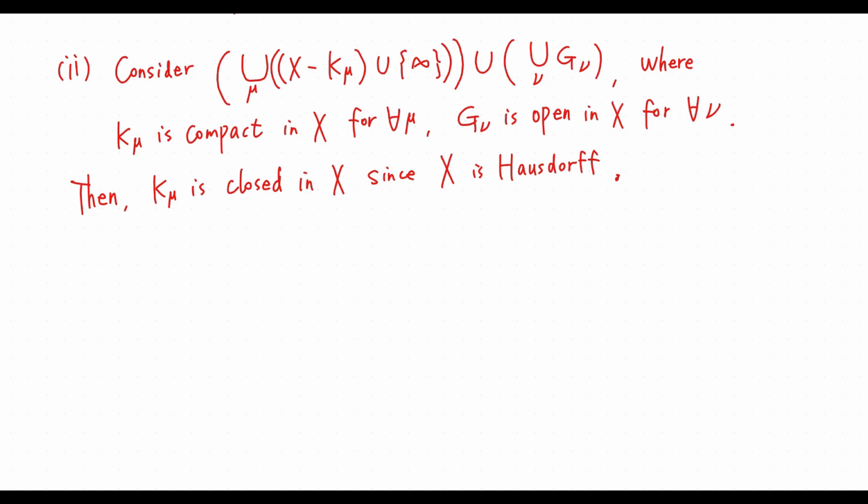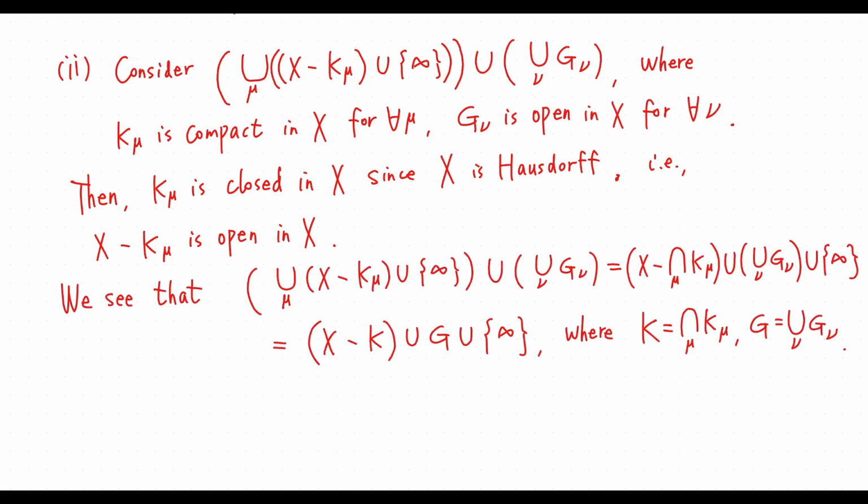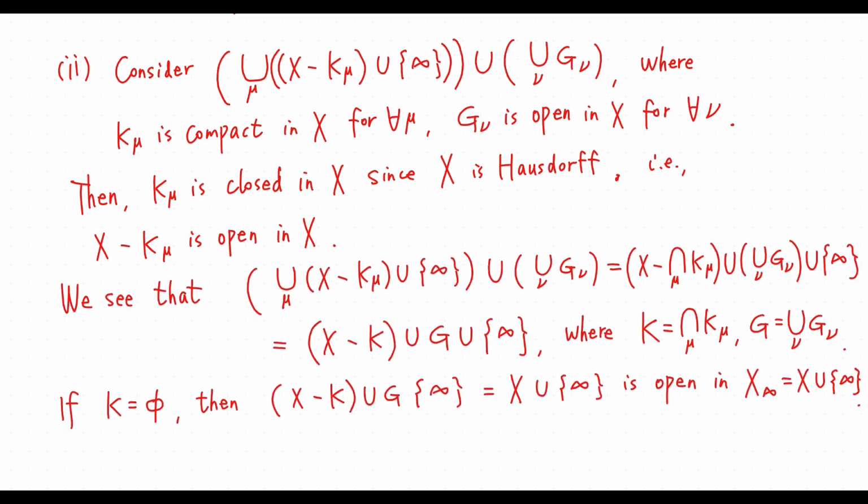Then every K mu is closed. This says X minus K mu is open in X. We have this identity.